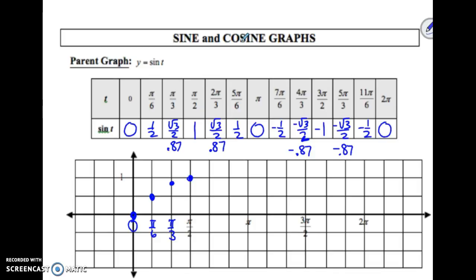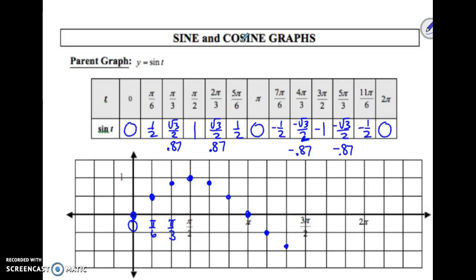At 2 pi over 3, we're back down to 0.87. At 5 pi over 6, we are back to 1/2. And then at pi, we are at 0 again. At 7 pi over 6, we're at negative 1/2. And then at 4 pi over 3, we're at negative 0.87.